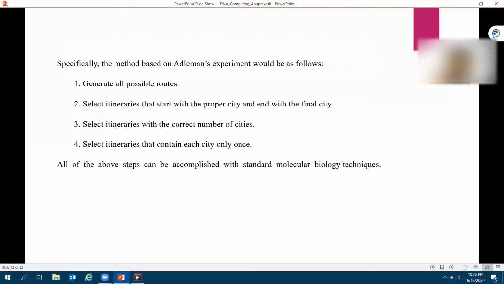The third would be to select itineraries with the correct number of cities. Here the correct number of cities would be 5 because we have taken 5 points. The fourth would be to select itineraries that contain each city only once. So basically this is the Hamiltonian path problem. And now we will see each step of how we can solve this problem using DNA computing.